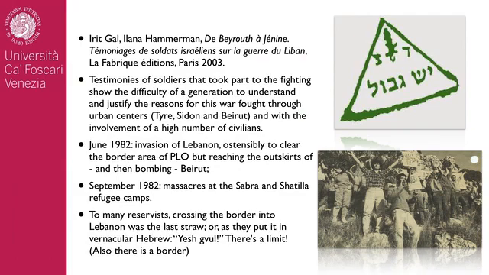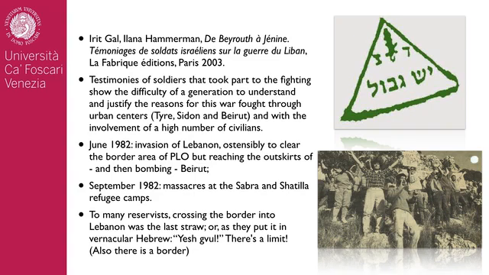which have been collected by Irit Gal and Ilana Hammerman in a book which exists only in French. I couldn't find it in English or in other European languages, entitled De Beyrouth à Jenin, témoignages des soldats israéliens sur la guerre du Liban. From Beirut to Jenin, testimonies of Israeli soldiers on the Lebanon war. Paris 2003.